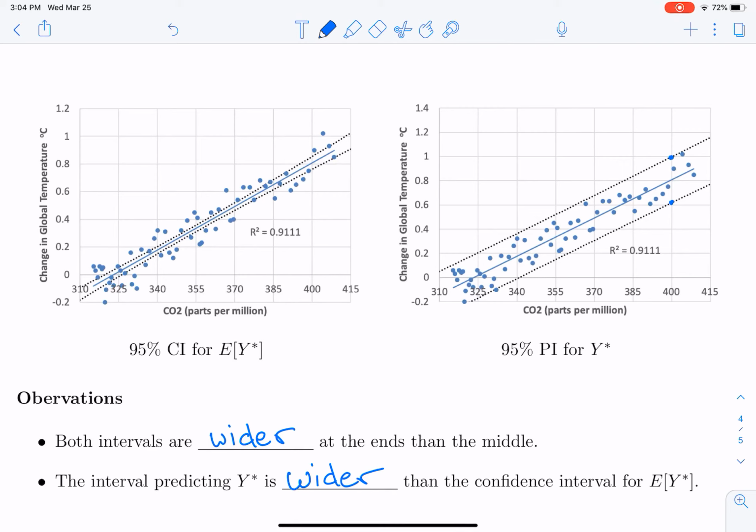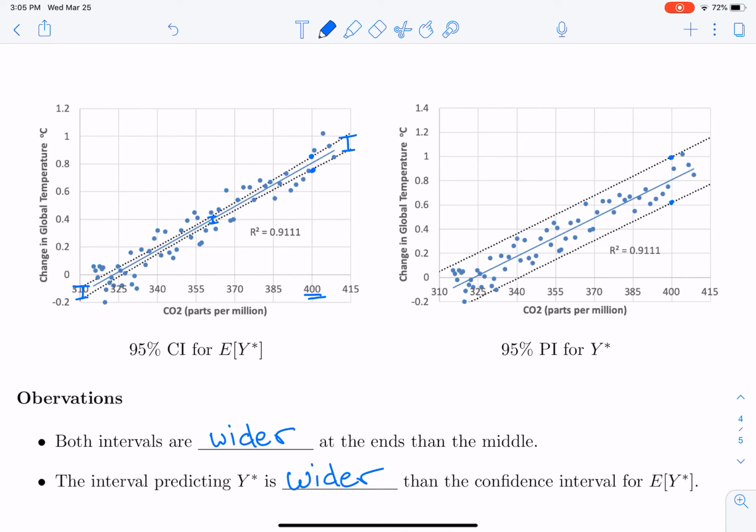Specifically at 400, we got that it was going to be between 0.757, which is about there, and 0.849. So you can see our x star equals 400 on that interval. Notice that the interval is narrower in the middle than it is on the ends, which is something that we saw before. And that gives us the 95% confidence interval for the expected value of y star.